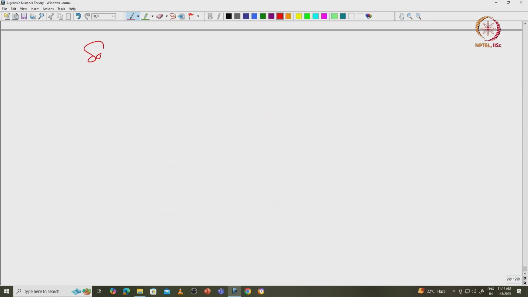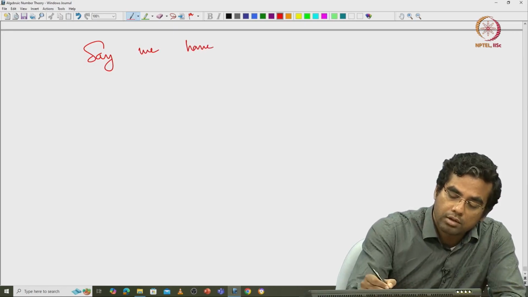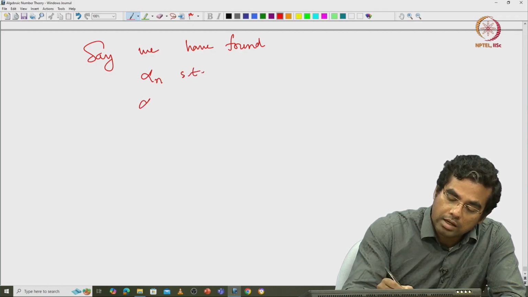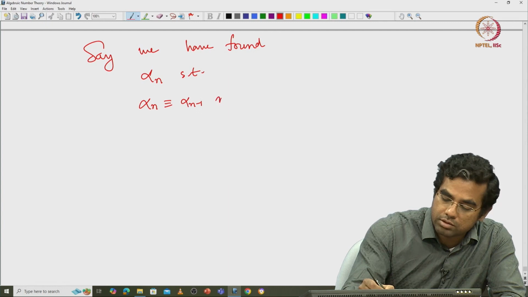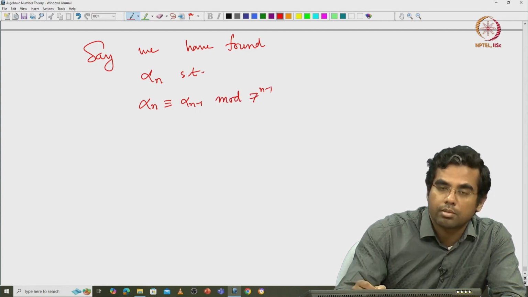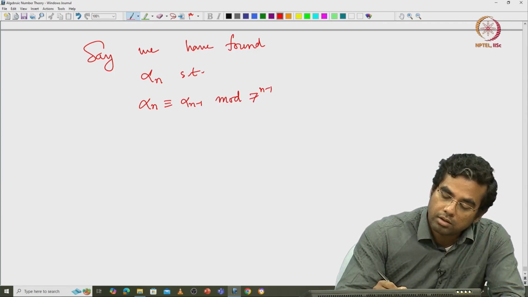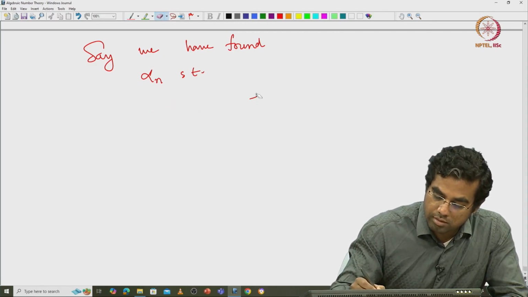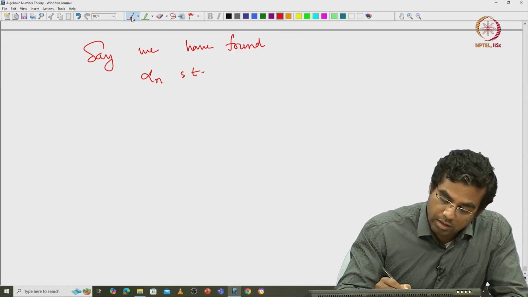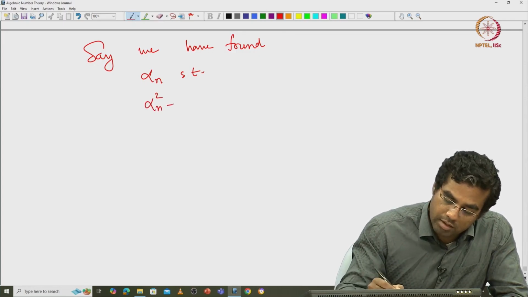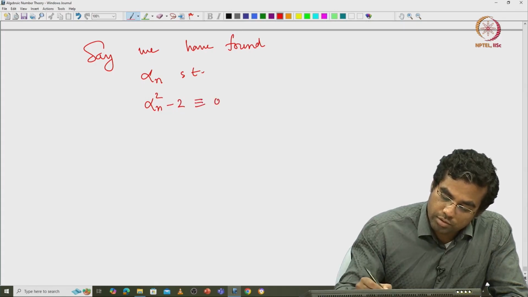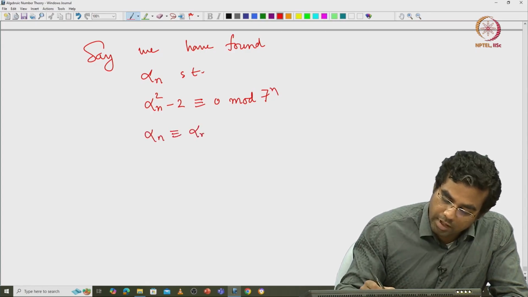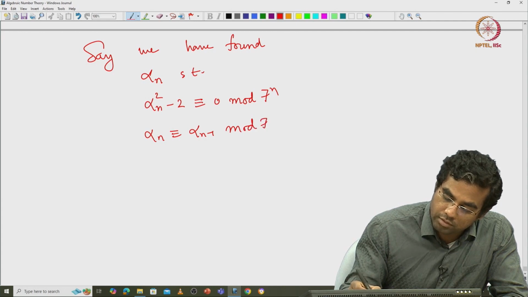Now, let us say we have found alpha n such that alpha n squared minus 2 is congruent to 0 mod 7 to the n, and alpha n is congruent to alpha n minus 1 mod 7 to the n minus 1.